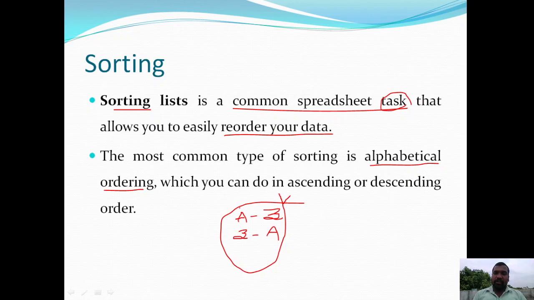With numerical sorting, you may go with either increasing or decreasing order. One thing you need to remember is that sorting is nothing but reordering your data, either in alphabetical order, numerical order, or in some other cases.